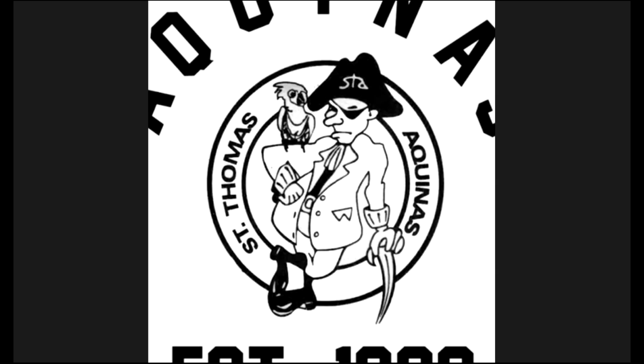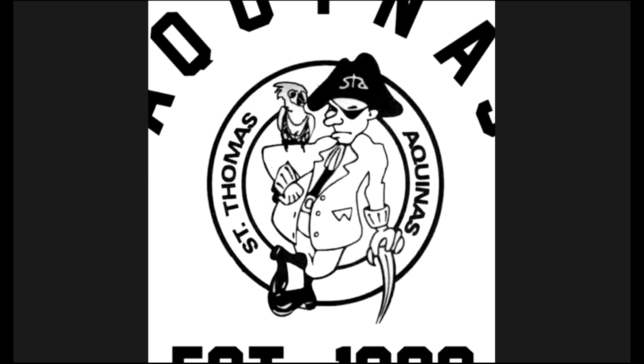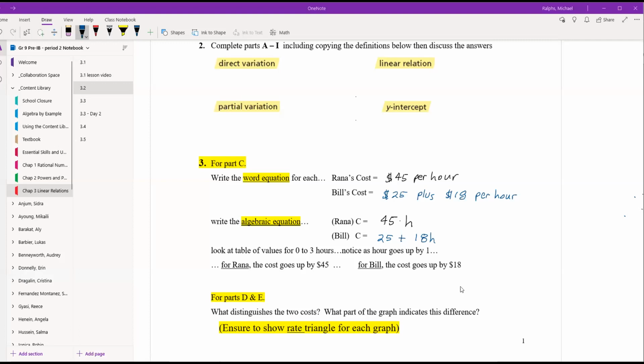Then if you look at the partial variation, it is a relation in which one variable is a multiple of the other plus a constant amount. So if we go back to our equation here, to Bill's computer repair service, we've got a multiple here, 18h, plus a constant amount. That constant is 25. So remember that a variable is like a letter that we use for variables, and that value can change from question to question and from instant to instant.